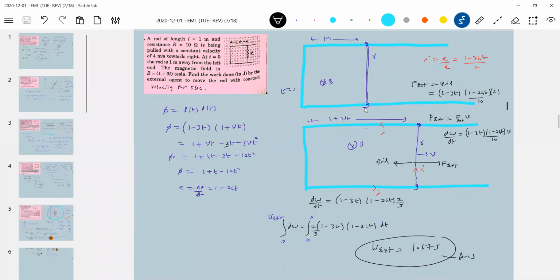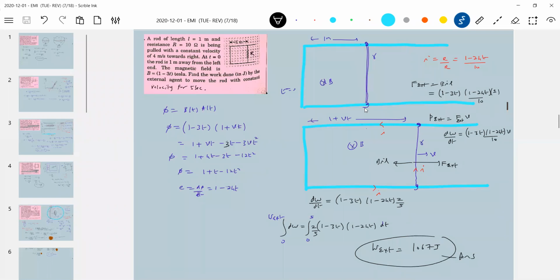Sir, the BIL force should be in the opposite direction and the current should also be in the opposite direction, because the inward flux is decreasing with time. Is the flux decreasing with time or increasing? You check it. Decreasing. Then the external agent should move towards left, in the sense.